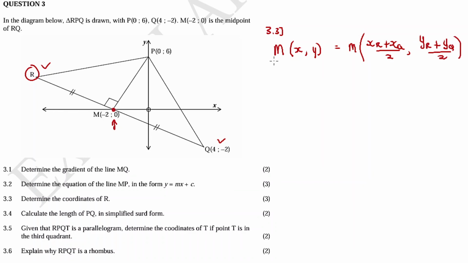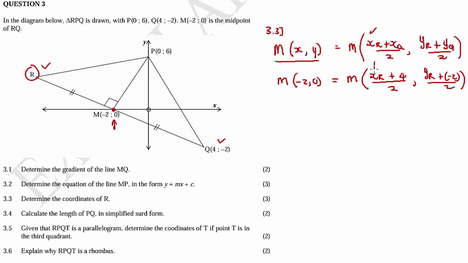We do have the coordinates of the midpoint: minus 2 and 0. So M is (xr plus 4) divided by 2, and (yr plus minus 2) divided by 2.